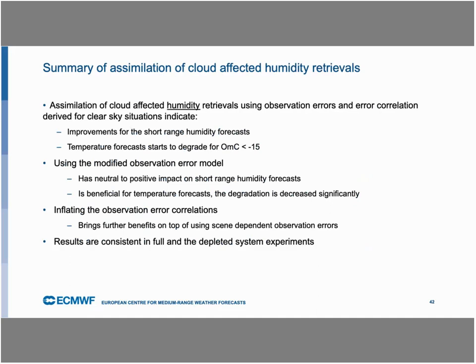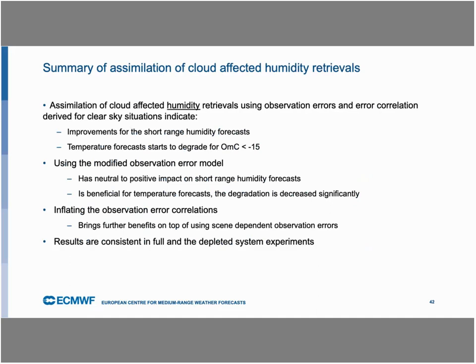So quickly to summarize the assimilation of the cloud-affected humidity retrievals. Overall, assimilating the humidity retrievals brings improvements to the short-range humidity forecast, but using the clear sky observation errors degrades the temperature forecasts when assimilating the cloud-affected humidity retrievals when there is quite a lot of cloud in the scene.